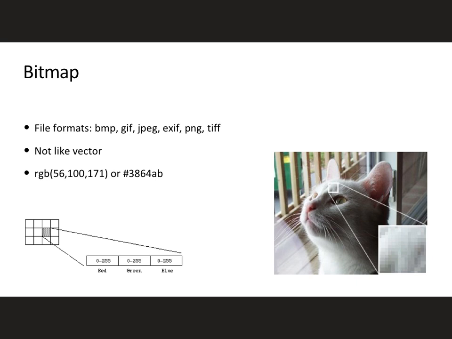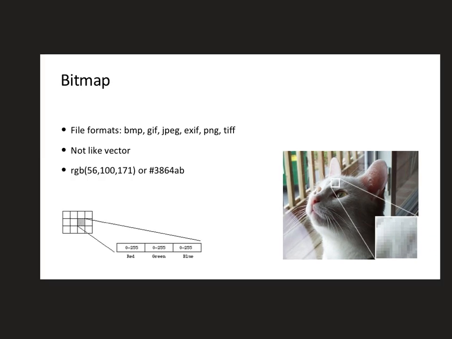The key characteristics are the number of pixels and the amount of information in each grid square, which is one pixel. These are the common file formats of bitmaps, like BMP, GIF, JPEG, EXIF, which is very common in digital cameras, PNG, which supports the transparent feature, and TIFF, and there is one very new format called WebP, which is developed by Google.